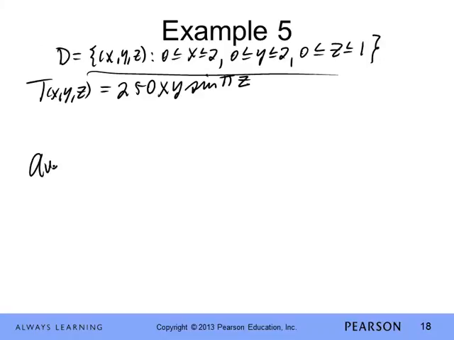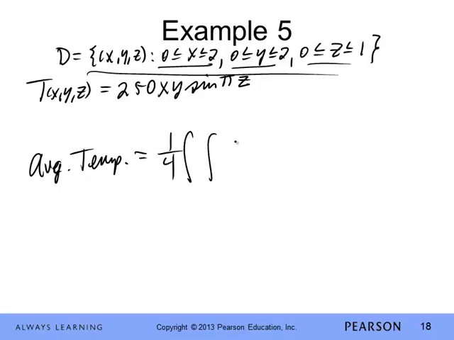You choose your limits of integration, but in this case you're integrating over a rectangular block, so the limits are constants. By the way, what is the volume of this box? 0 to 2, 0 to 2, 0 to 1. 2 times 2 times 1 is 4. So we're going to divide by 4 and then integrate your temperature function.